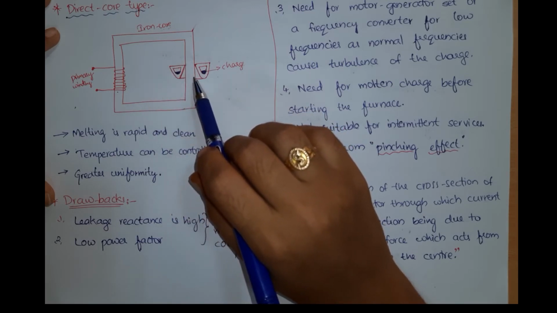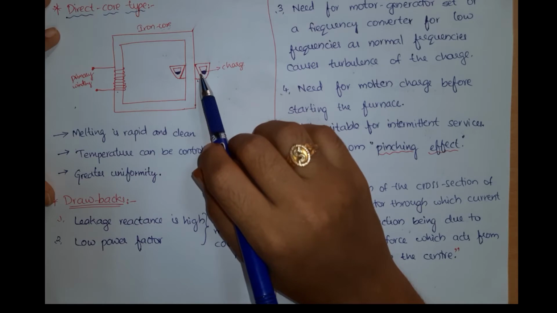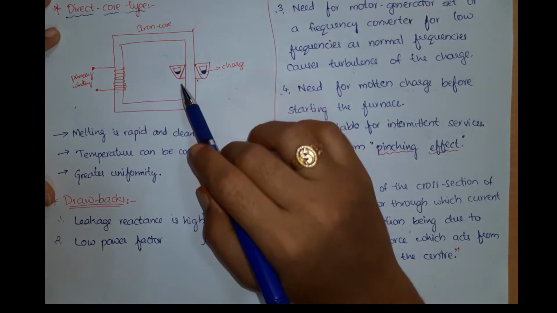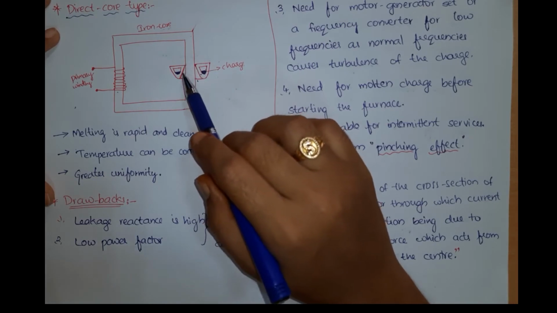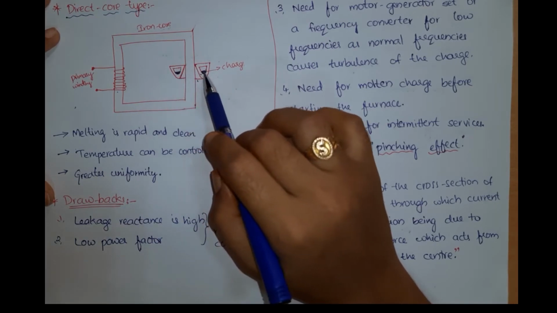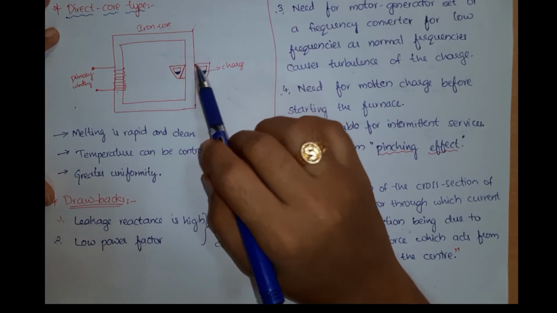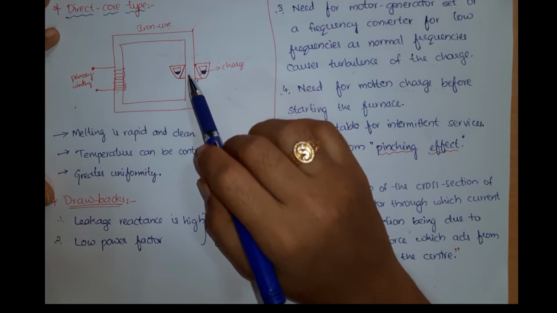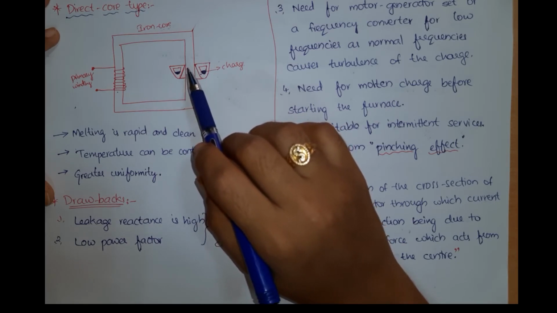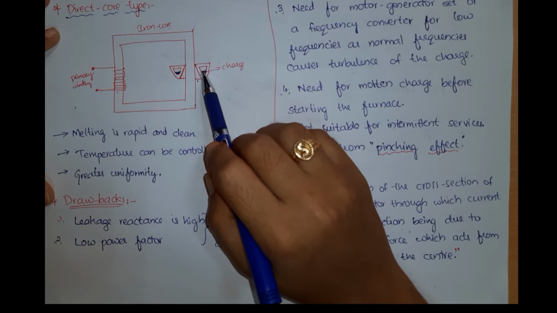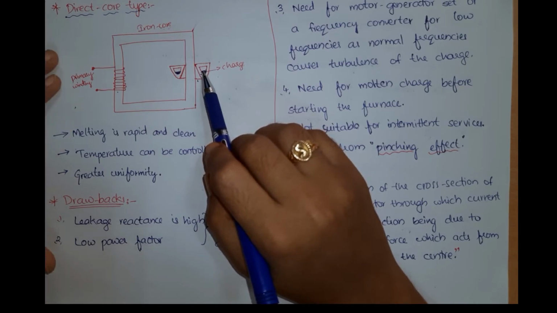The furnace will be able to start only if the secondary is short circuited, so there will be a path for the current to flow. For the furnace to start, initially there must be some amount of charge inside the secondary, inside the hearth or annular ring. That means we cannot start a direct core type induction furnace without the charge, right? There must be a charge initially to start the furnace.